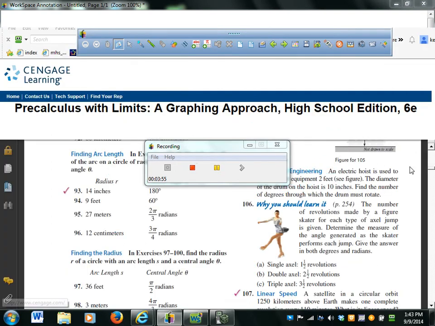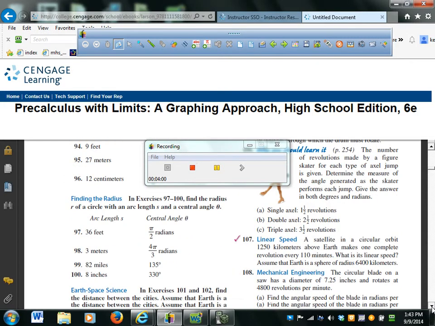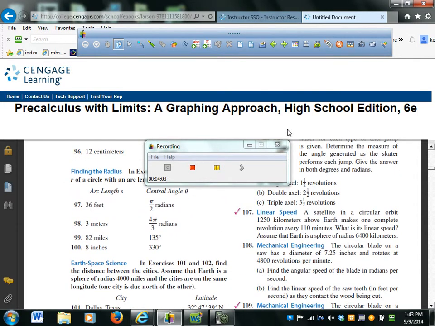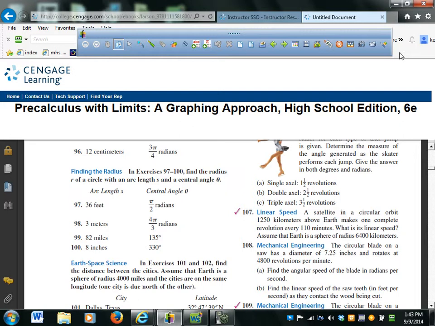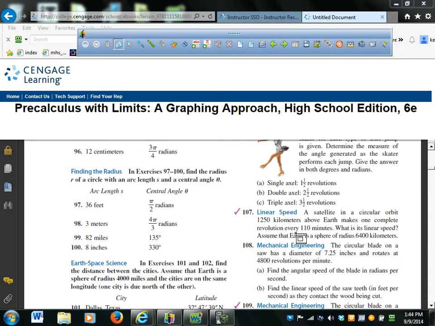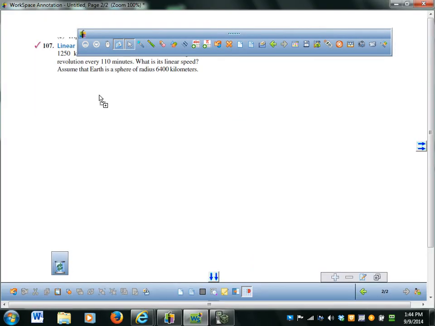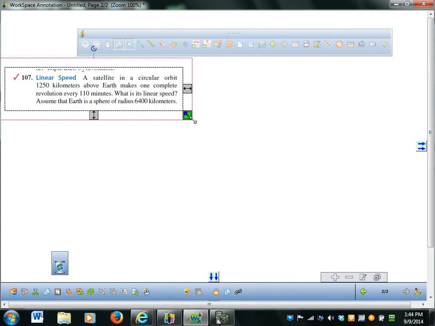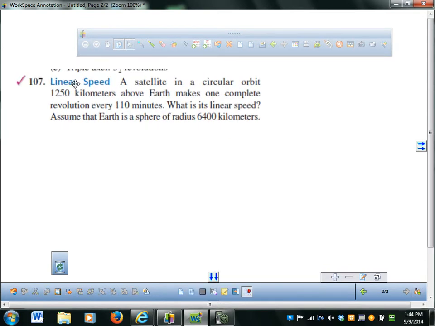Okay, next problem is 107. Linear speed. We did this one in class, but I'm going to do it again for you. Linear speed is how fast something is moving around a circle, but it's also just distance traveled versus time.